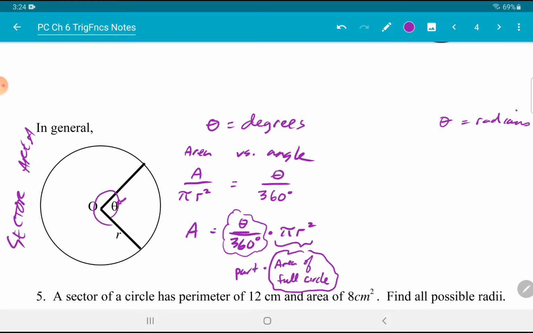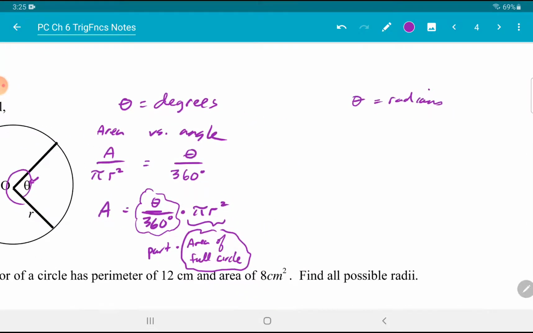Okay, so let's go on to finding the formula for sector area in terms of radians. Again, we set up the same kind of proportion comparing area versus angle. The sector area, called A, over a full circle's area, which is still pi r squared, compared with the part of the angle, which we don't know and will call theta, over the entire circle's angle in radians, which is 2 pi.